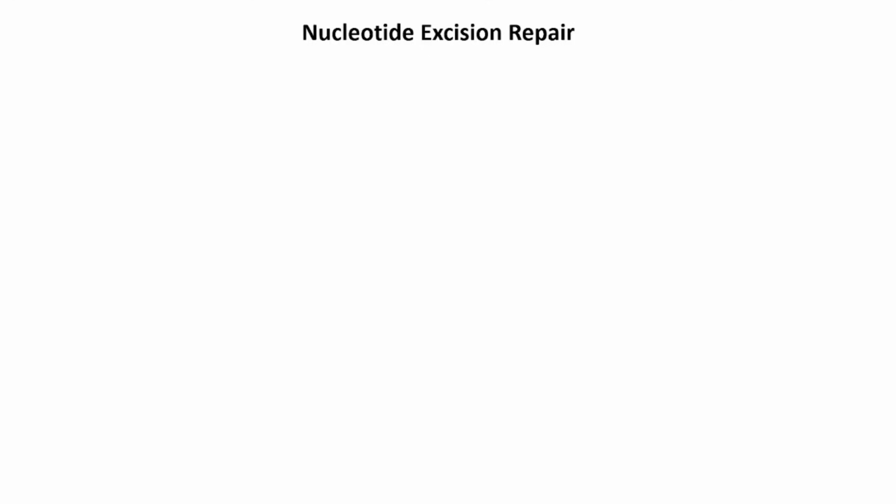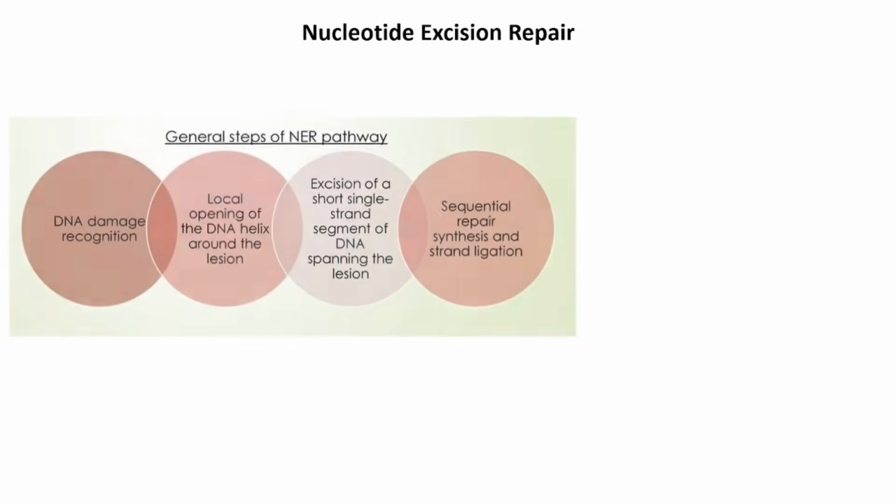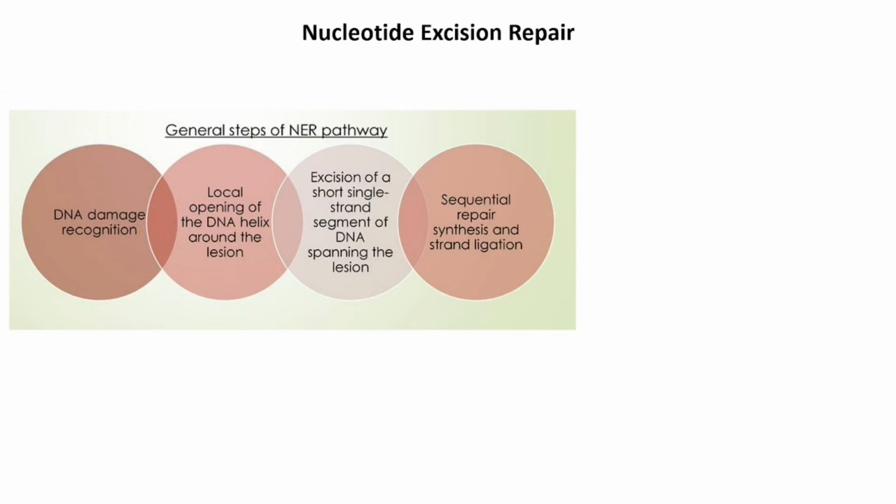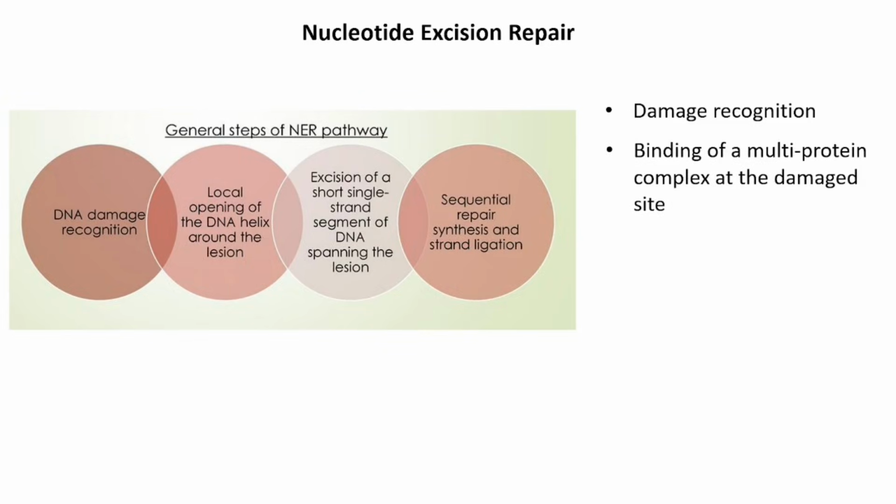In all organisms, NER involves the following few steps. The first is damage recognition. The second is binding of multiprotein complex at the damaged site, followed by double incision of the damaged strand several nucleotides away from the damaged site on both the 5' and 3' sites.